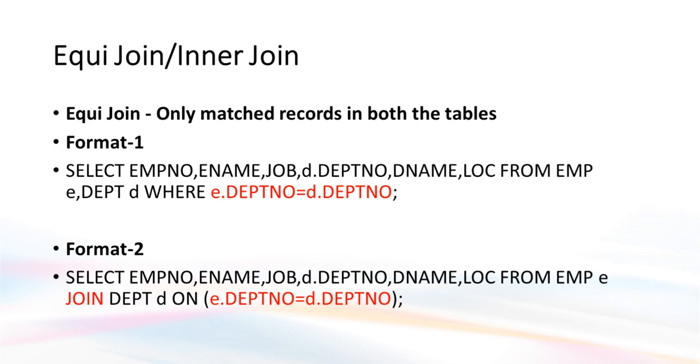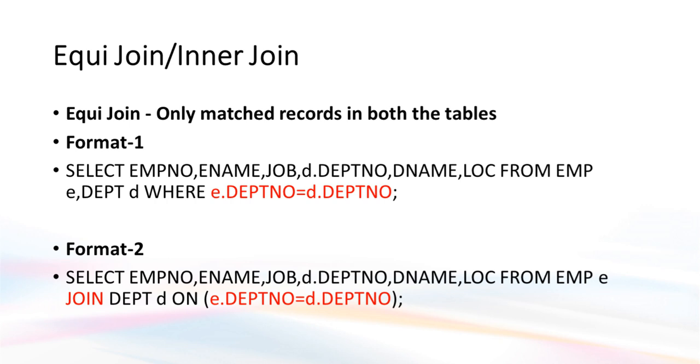So that's the reason, when I am selecting these records from EMP or DEPT, we have to use an alias name. Also, when I want to retrieve the column, department number, and here also we are specifying the condition. If I don't use an alias, this will be confusing. Which department number comes from which table?